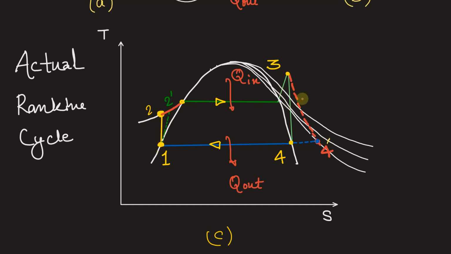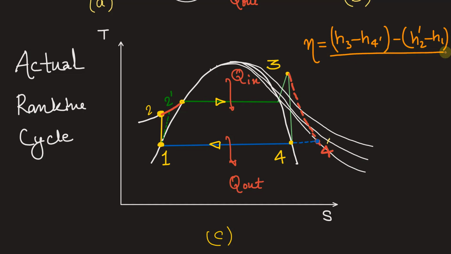The thermal efficiency of this is represented as eta equals H3 minus H4 dash minus H2 dash minus H1, whole divided by H3 minus H2. This is the thermal efficiency of the practical Rankine cycle.